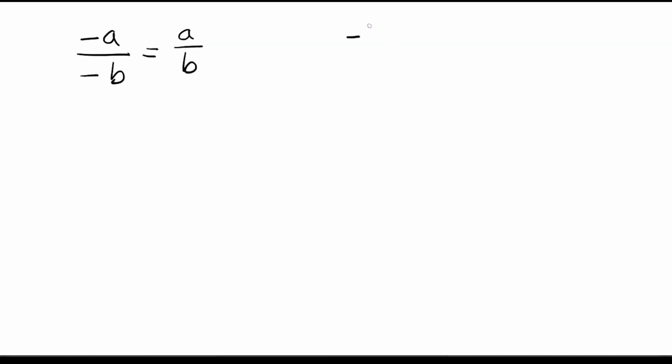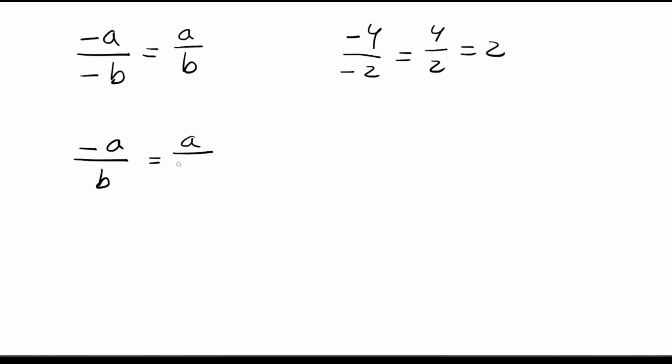So for example, minus 4 divided by minus 2 is equal to 4 divided by 2, so it's equal to plus. And similarly, if you have minus a divided by b, it's the same as a divided by minus b, and both are equal to minus a divided by b. So with minus plus, or plus minus, you get minus.